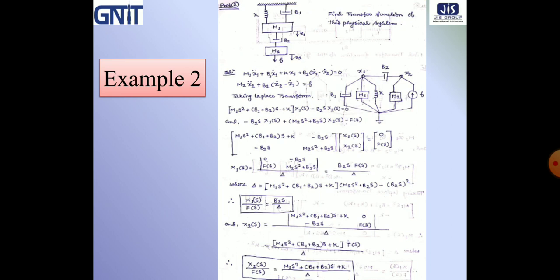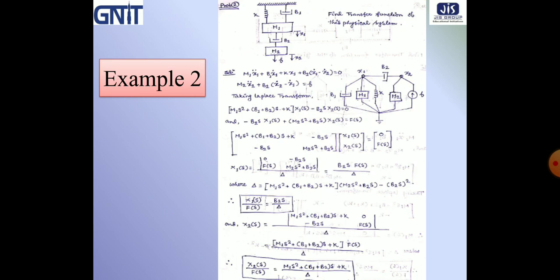And force generated due to damper B2 is B2, the damping coefficient, into, since B2 is connected in between x1 and x2, we have to take the difference, x1 dot minus x2 dot, that is relative velocity. So B2 (x1 dot minus x2 dot), and the sum is equal to 0. In this way we have to write the force equations.